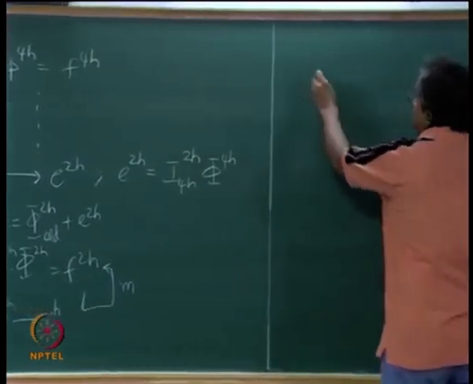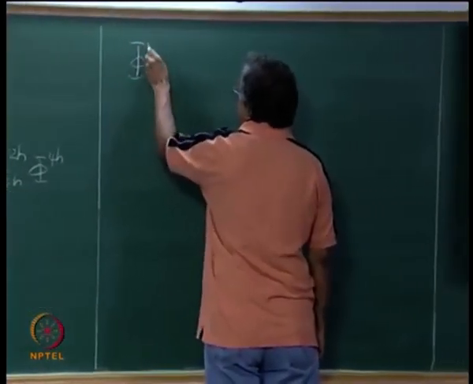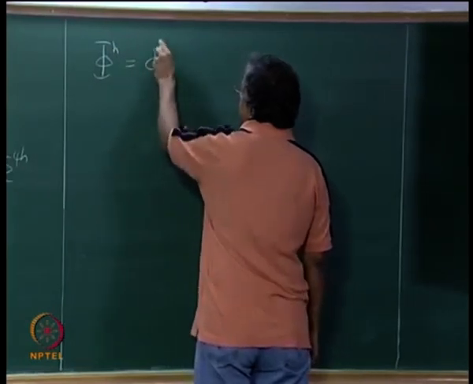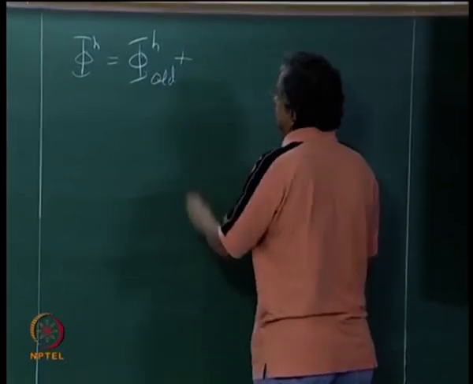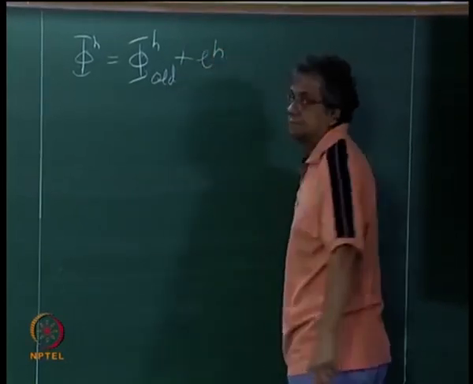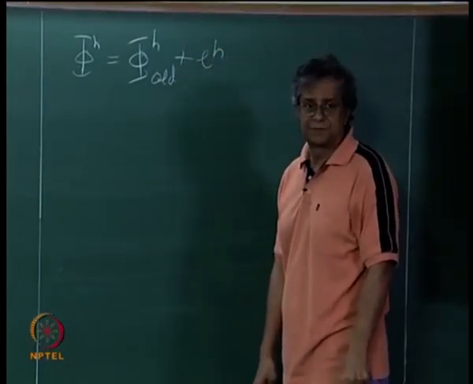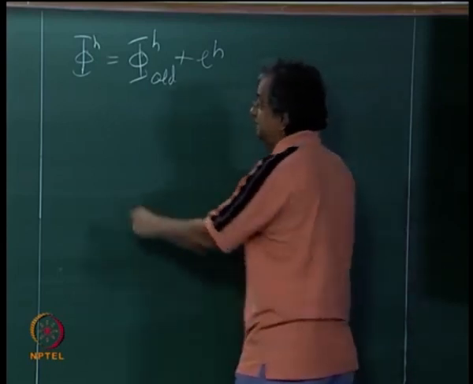And then you would say Phi H equals, that is the correction at the H level.